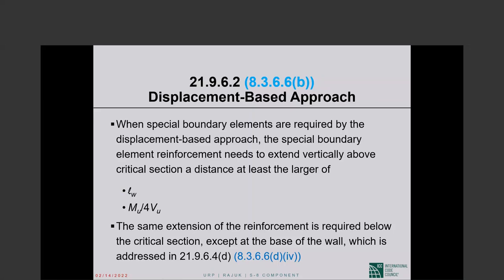If it is a 20-foot long shear wall, the special confinement must extend at least 20 feet over the height, or the factored bending moment at the base divided by 4 times the factored shear at the base, or 1/4 of the moment to shear ratio at the base, whichever of the two is the larger. That gives you the vertical extent of the confinement.